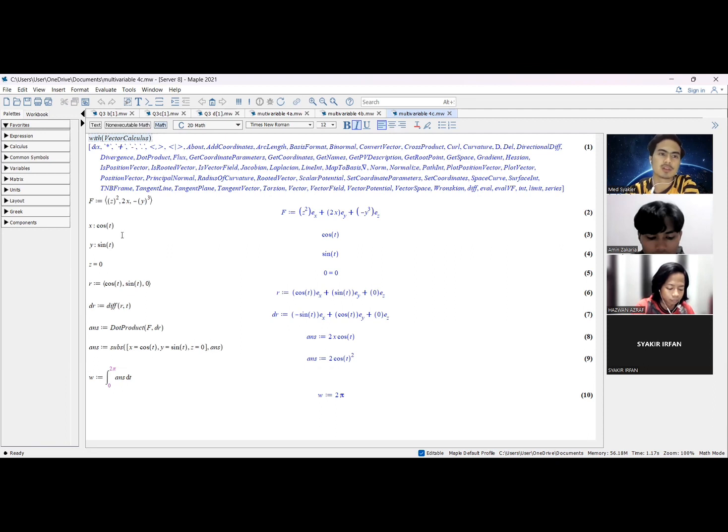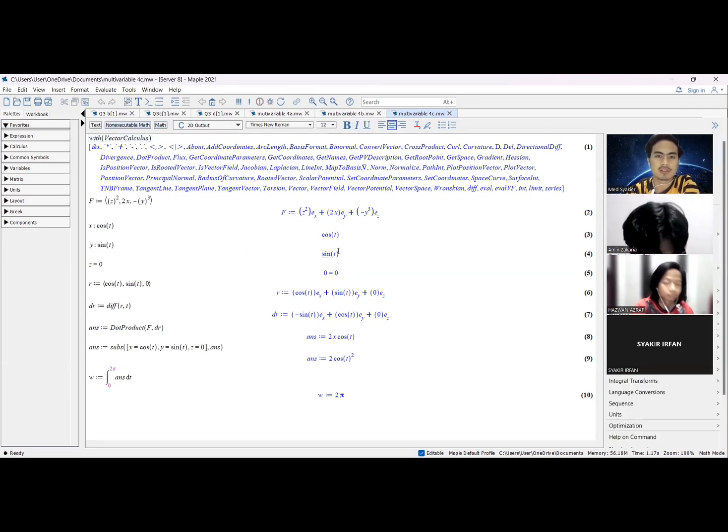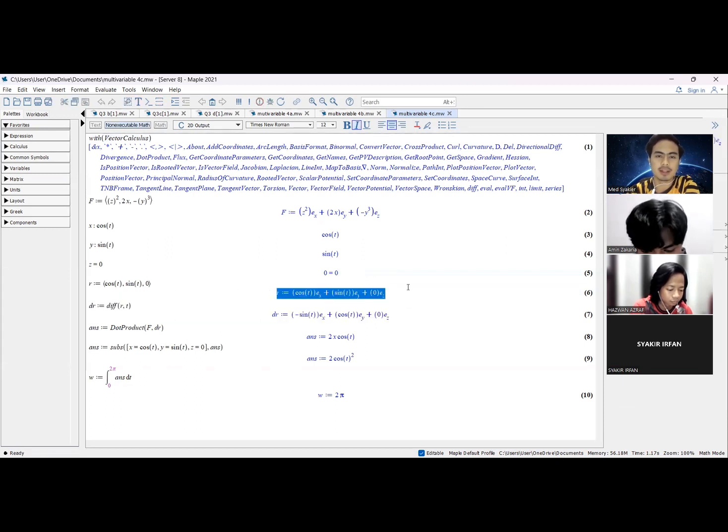Then x equal to cos t, y equal to sin t, and z equal to 0, and the r equal to (cos t, sin t, 0), and then we get like this: r equal to cos t e_x plus sin t e_y plus 0 e_z.